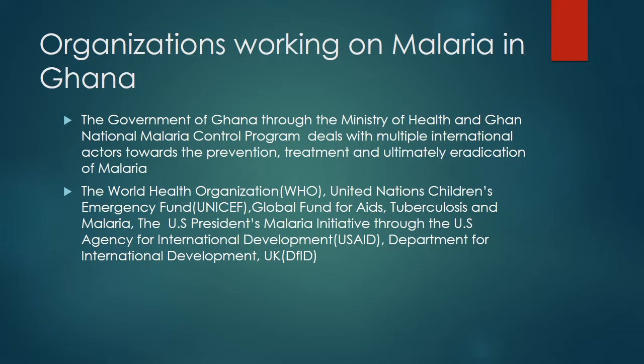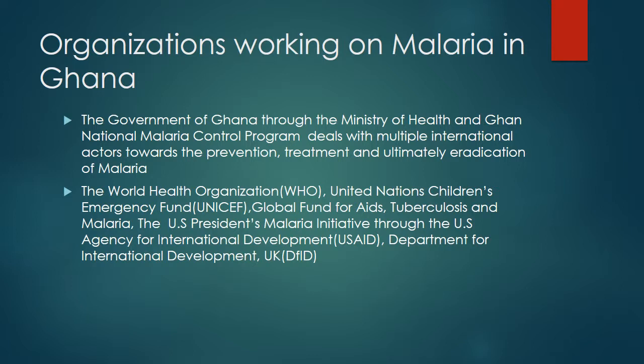Organizations working on malaria in Ghana. I should say here that there's a multiplicity of organizations that cannot be outlined here, but the main ones are the Ghana government through the Ministry of Health and the Ghana National Malaria Control Program, which deals with multiple international actors towards the prevention, treatment, and ultimately eradication of malaria.